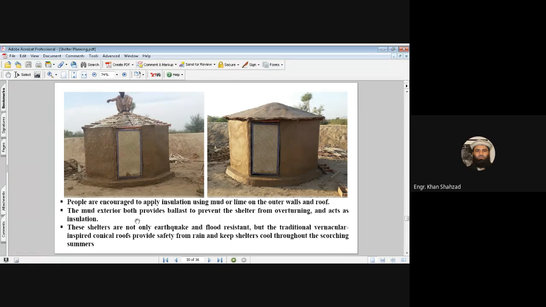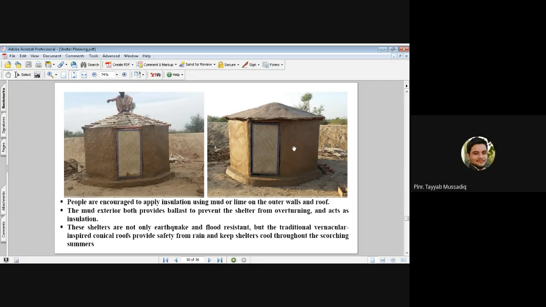So this mud is also providing weight to the structure, because if you are not increasing the weight of the structure, what will happen? It can be pushed by the wind, and due to this pushing of the wind it can be overturned.